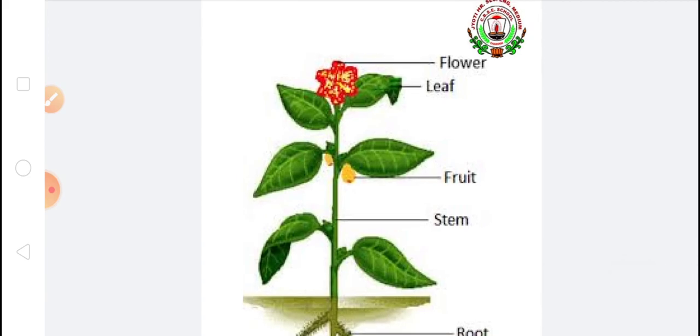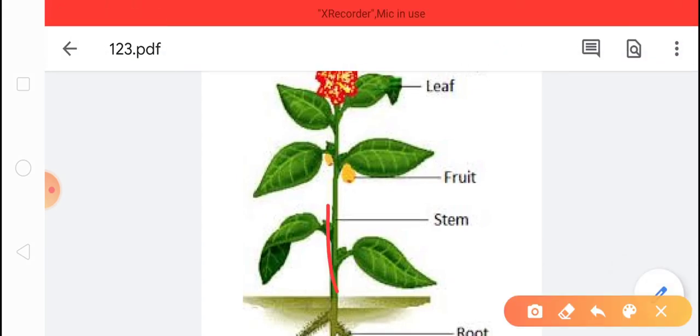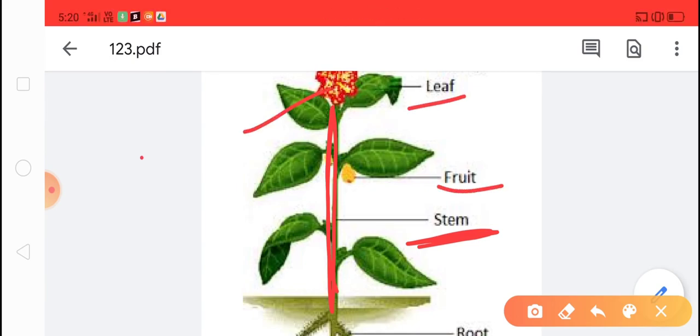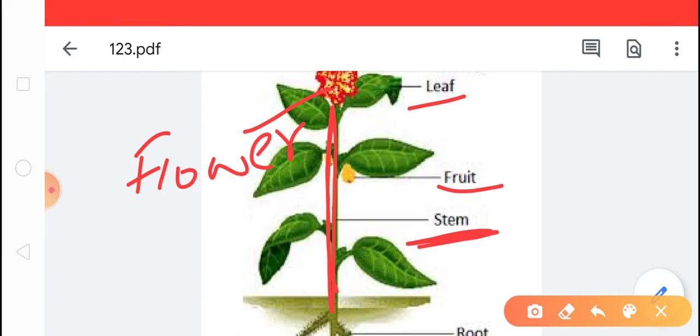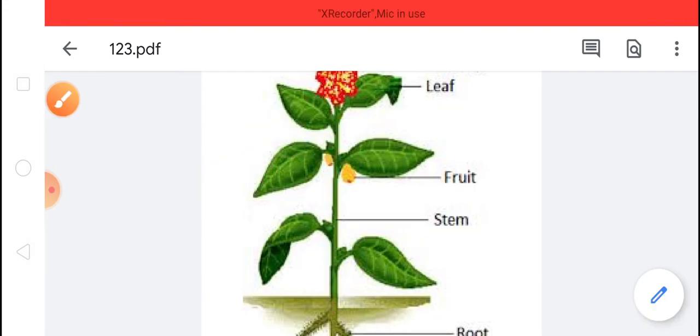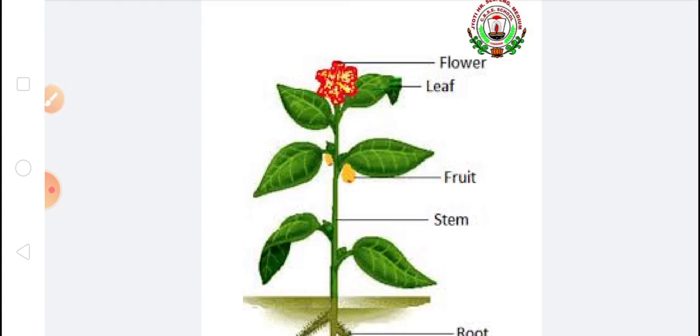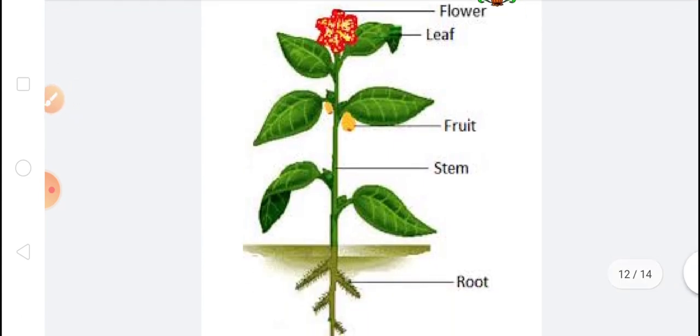You can see that because of the stem only, the plant stands upright in the soil. The stem bears the branches, leaves, flowers and fruits. The stem also transports water, minerals and food to all parts of the plant. Stems are modified to give support, to store food and water, and to prepare food.